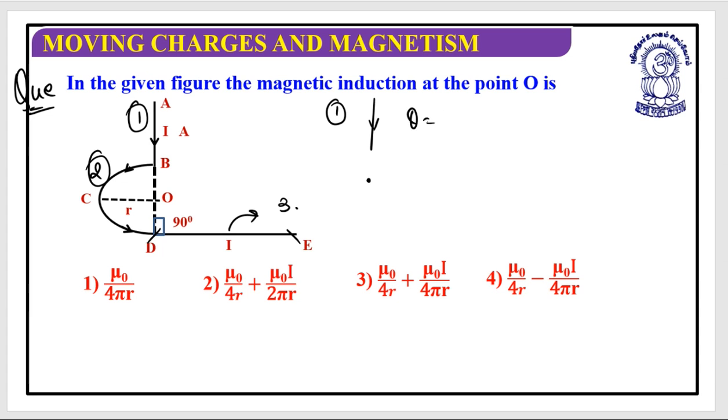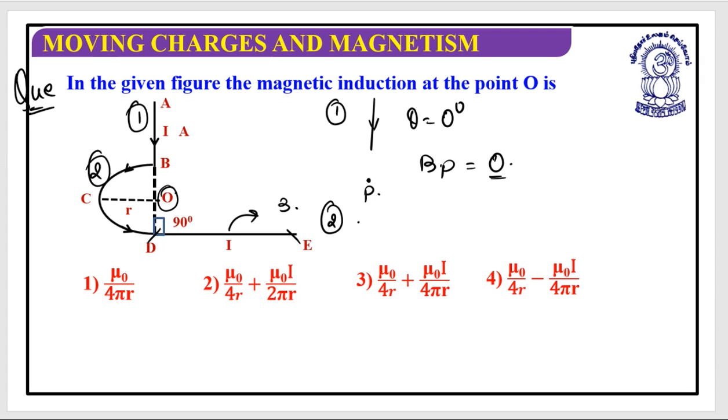In this case theta is equal to 0 degrees, and if theta is 0 degrees, the magnetic field at this point, which they have denoted as O, is 0 because theta is 0. Now let's work on the second segment.